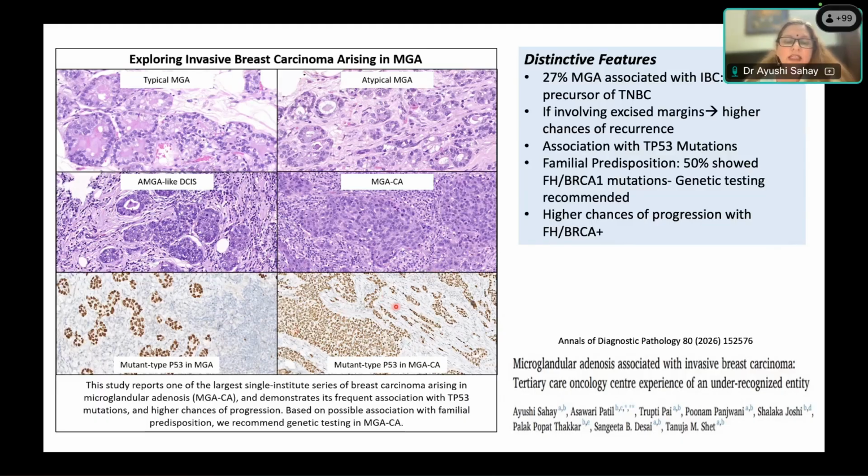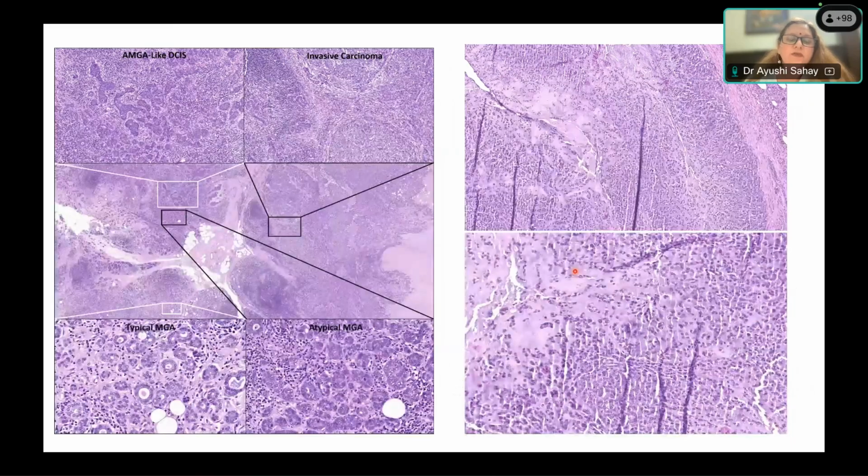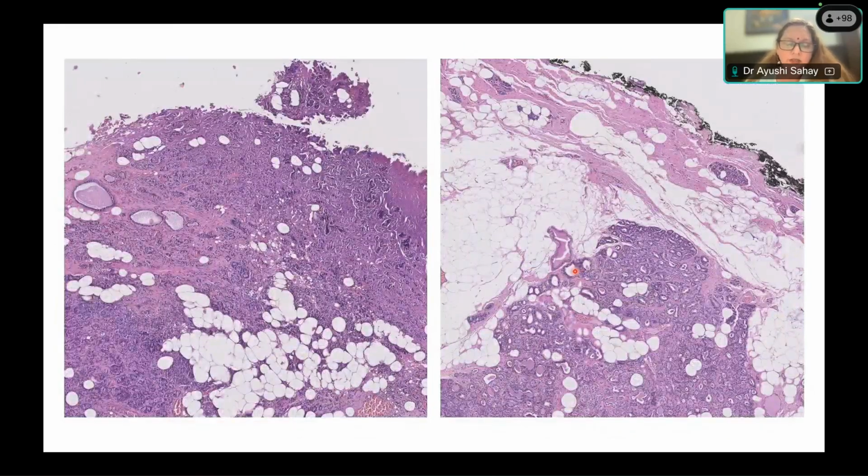In many of our cases, especially similar to this case, we have found that there can be an association with family history or BRCA mutations, and there is a higher chance of progression in such cases. So you can also check for family history and history of BRCA mutation in the family. In this particular case also, germline testing confirmed that there was a BRCA mutation. So there are lots of implications of this diagnosis, and you need to be aware of them.